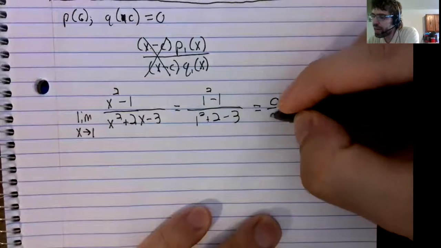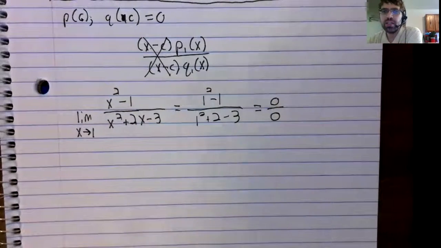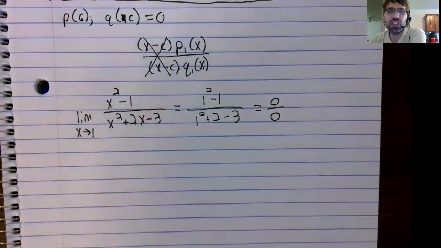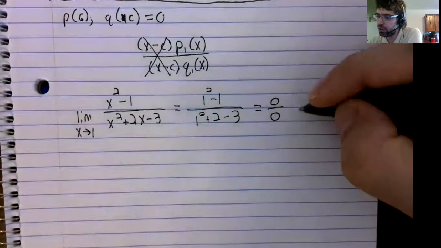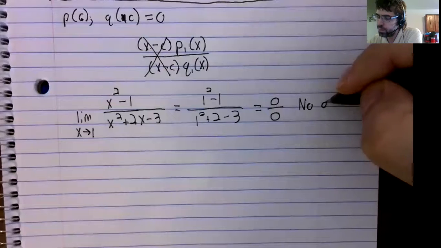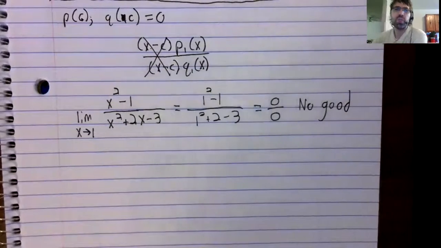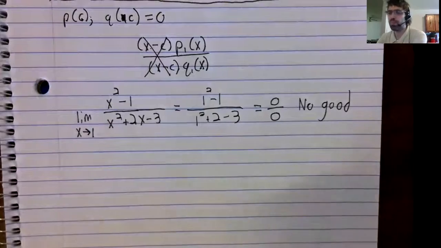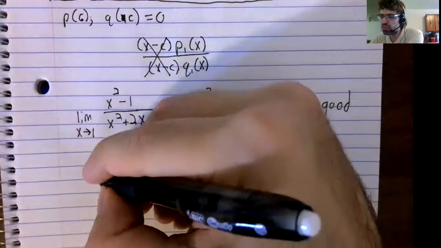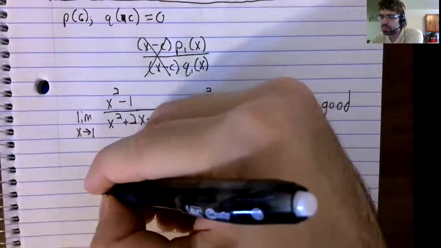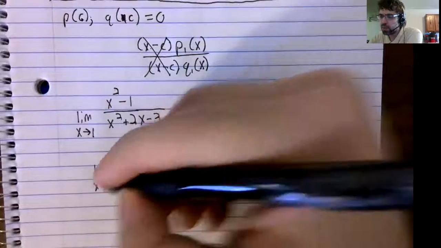Unfortunately, what happens is that we get a division by 0 error. So that's no good. We have to try something else.